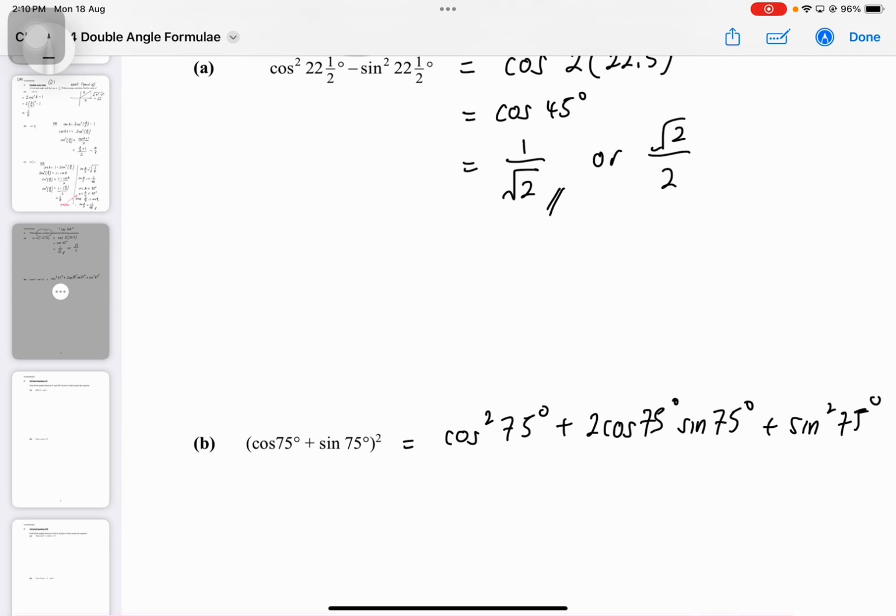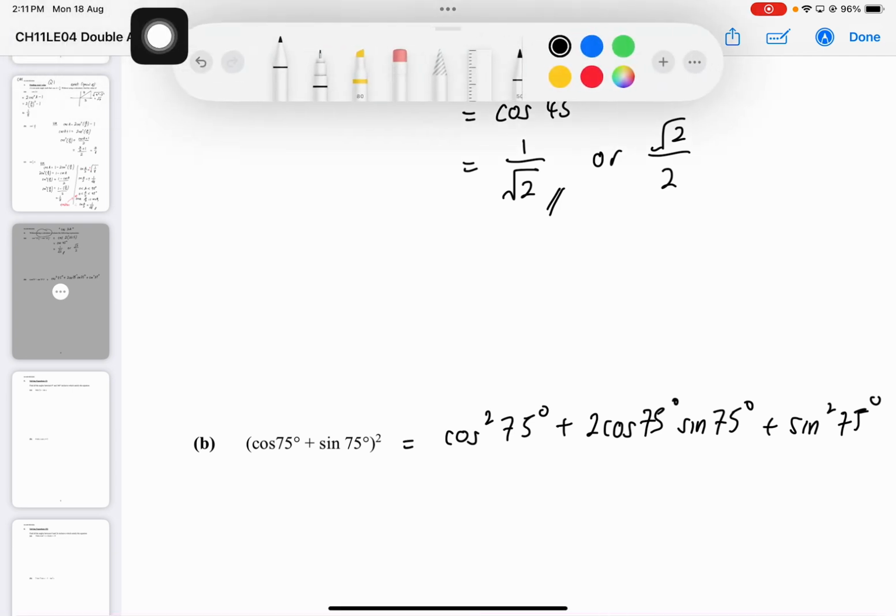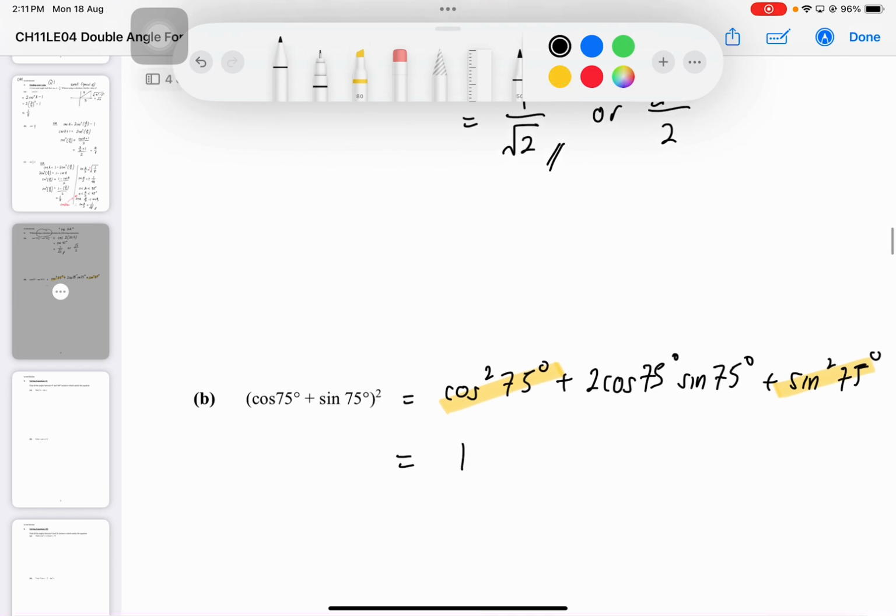Do you see something here? Look at your cos square, sine square. Cosine square 75 plus sine square 75 is equal to 1. How come? Sine square plus cos square equals 1. So this is the same as 1, plus 2 cos 75 sine 75.